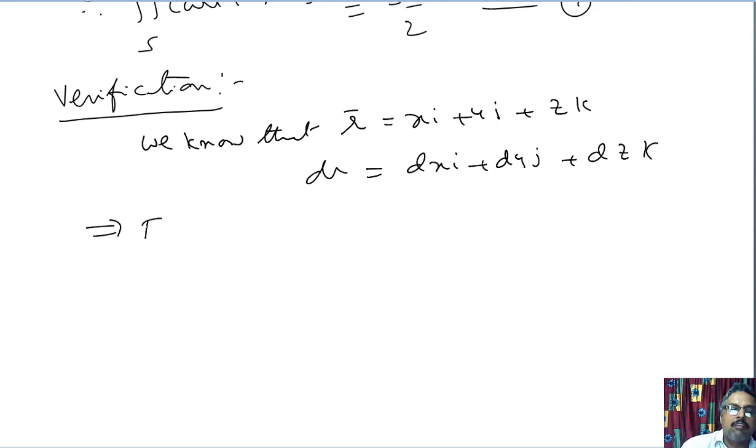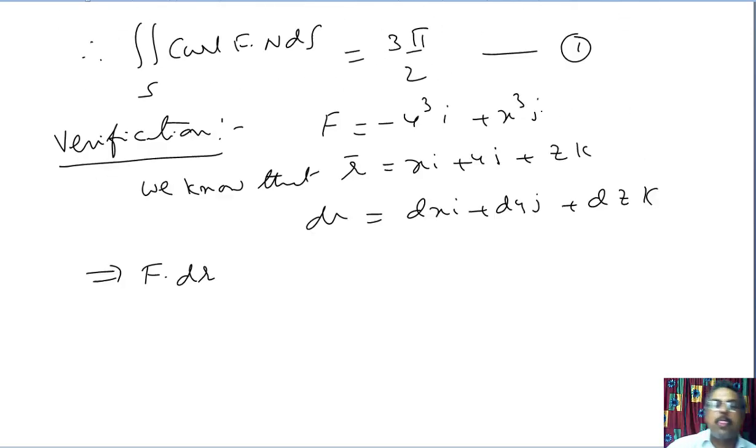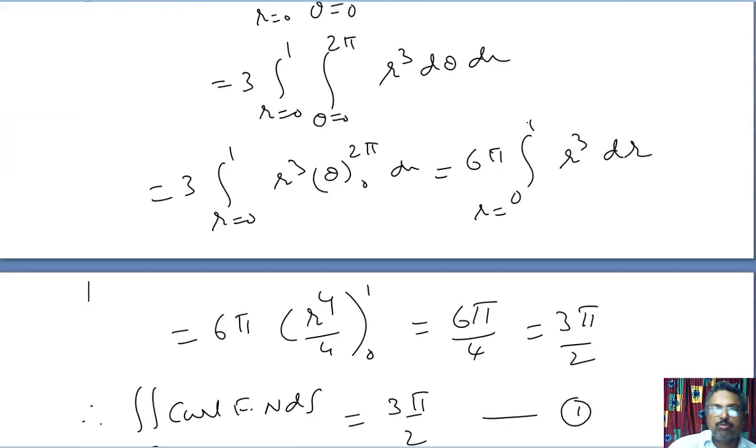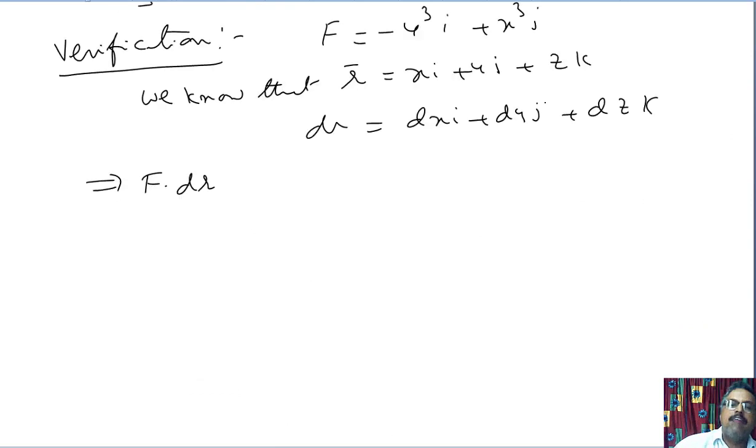F dot dr equals, F is already known, minus y cubed i plus x cubed j. So F dot dr equals minus y cubed dx plus x cubed dy.